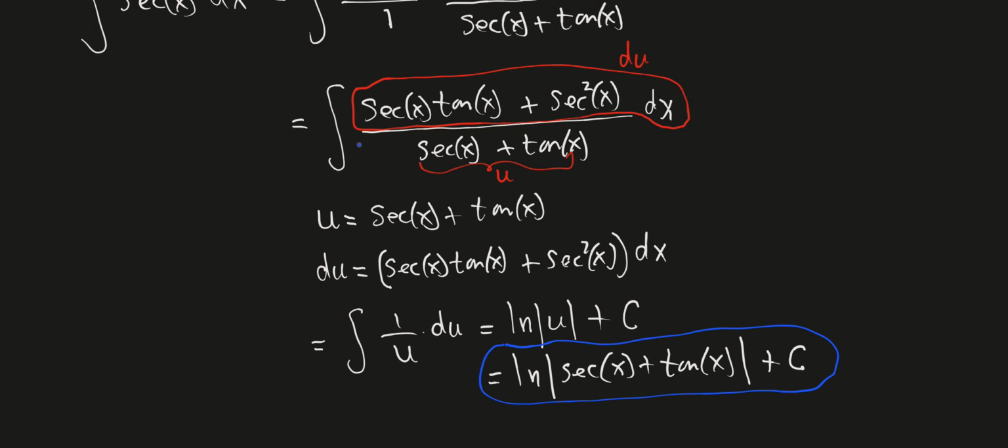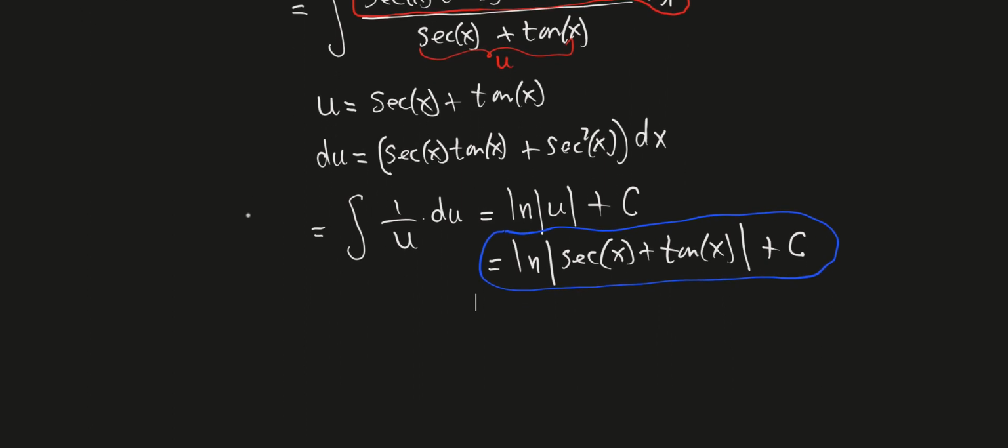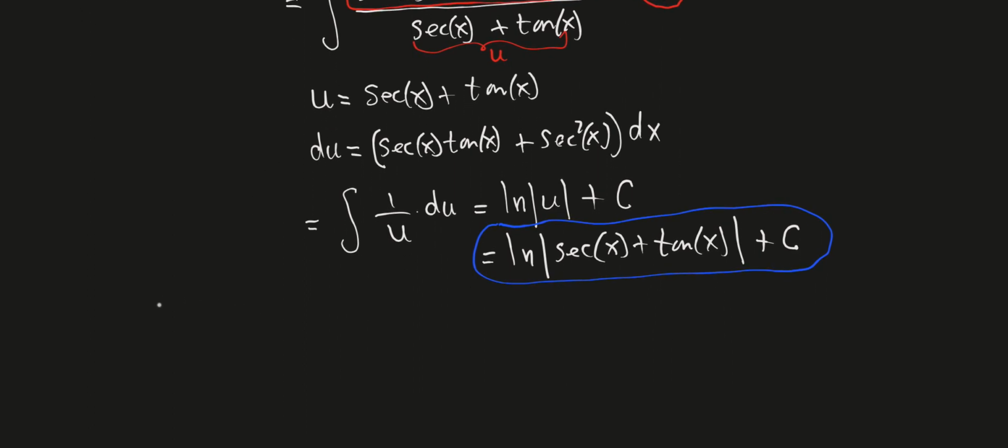Now we can do a similar result for the antiderivative of cosecant by, again, expressing it as cosecant over 1 and multiplying by a certain fraction, and that results in this antiderivative. So let me write this one down.